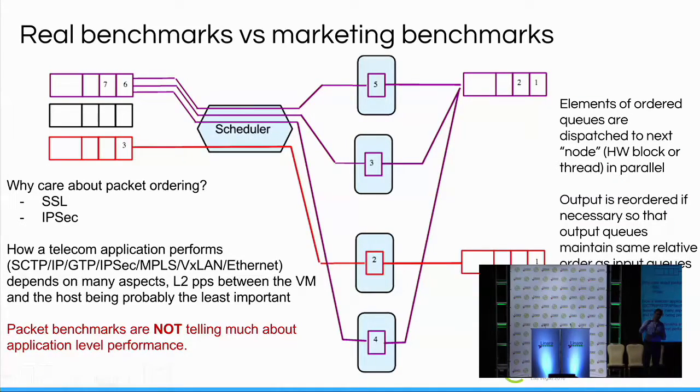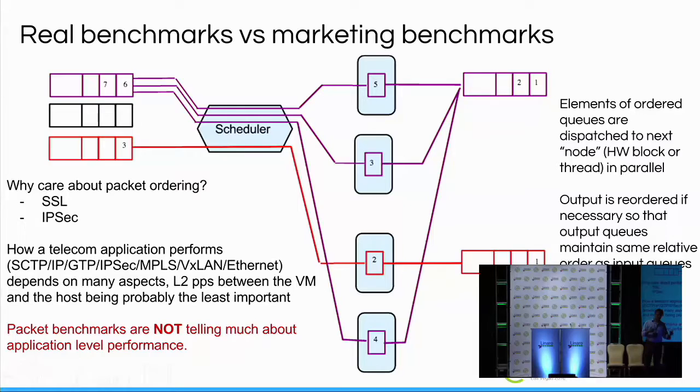If you take virtualization into account, there are many things at the crossing of the virtualization boundary, like support for GRO, GSO, and those aspects. If they are not supported, performance degradation will be significant. So if you have a telecom workload, don't trust any packet benchmark. You will fail at designing your system properly.